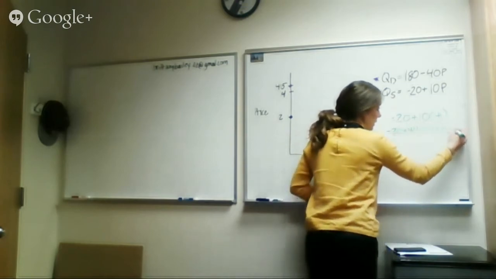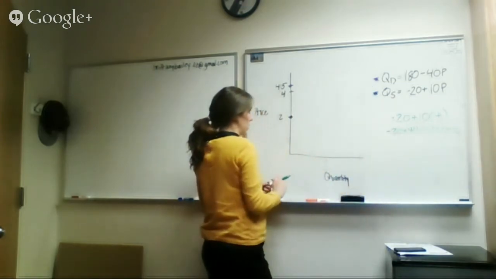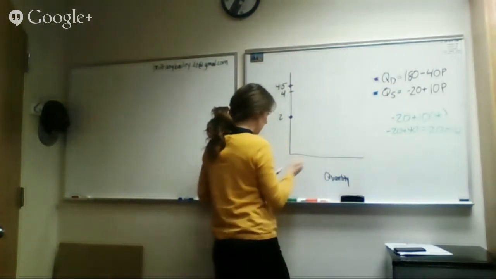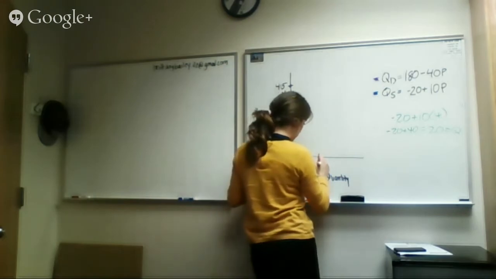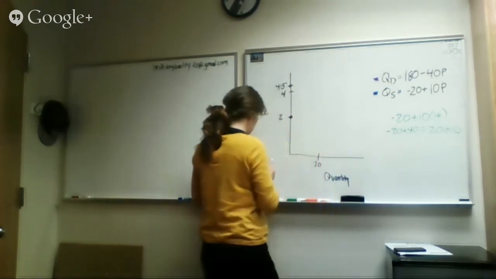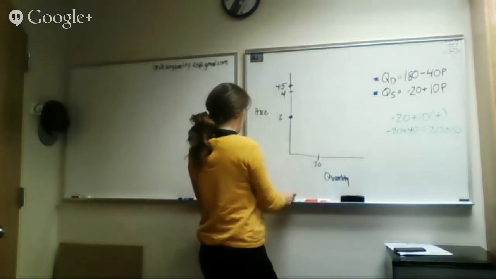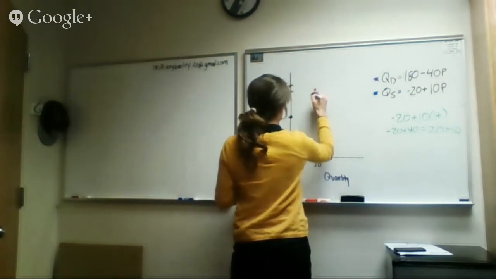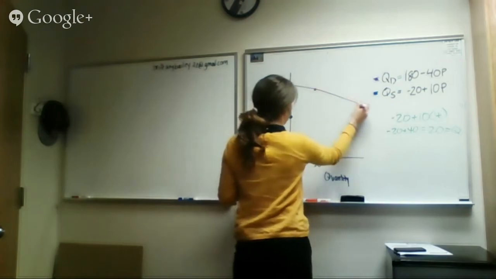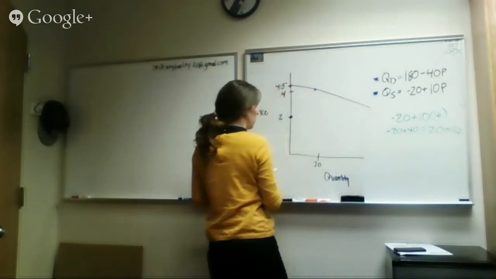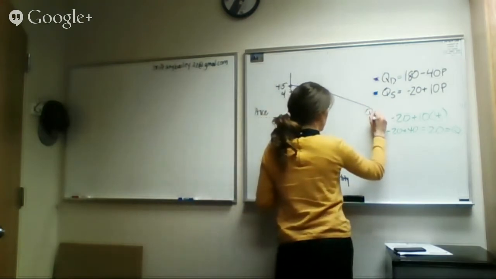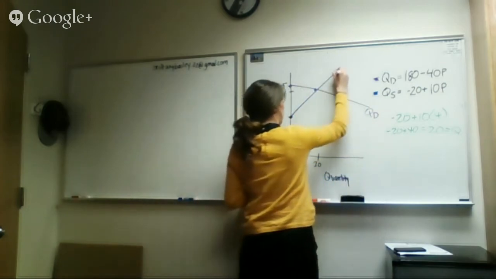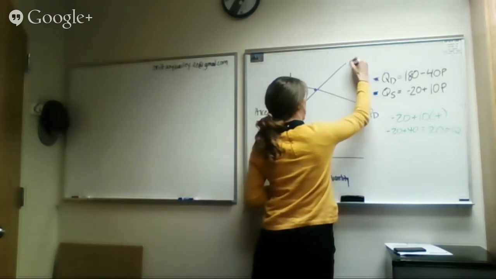So that is the Q value for where they intersect. Put it right here. So that intersection point will be right here, for Q quantity demanded, and right here for quantity supplied.